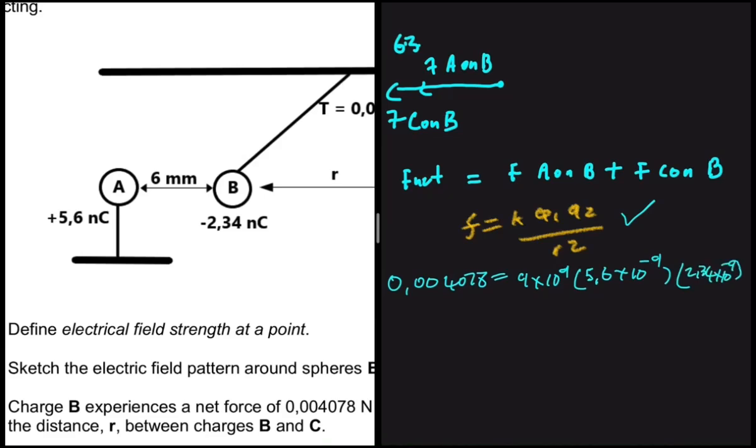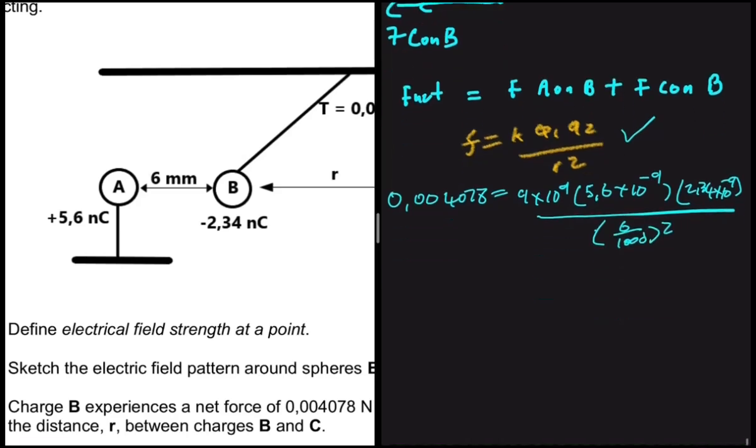We're only interested in the magnitude. We don't have to put a sign in electrostatics. And then the distance between them is 6 millimeters. So we're going to have 6 divided by 1,000 squared. You divide by 1,000 when you want to convert millimeters to meters. And then plus F C on B.